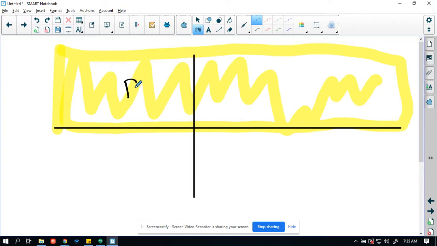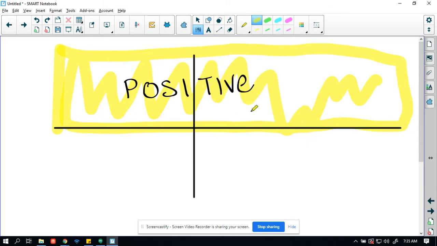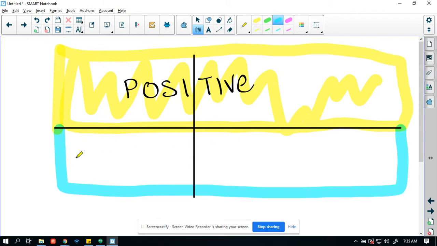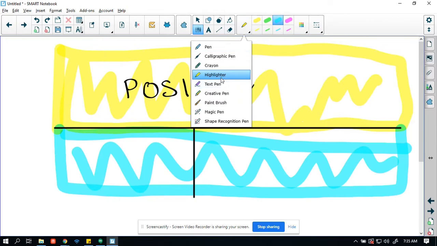So this is positive. And then anything in this blue region is going to be negative.